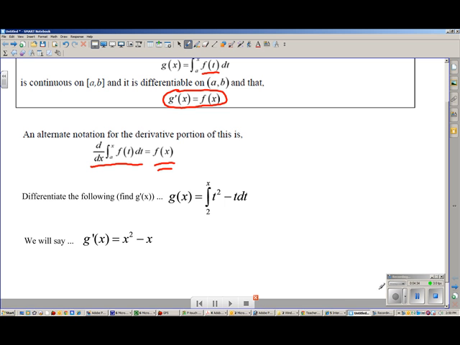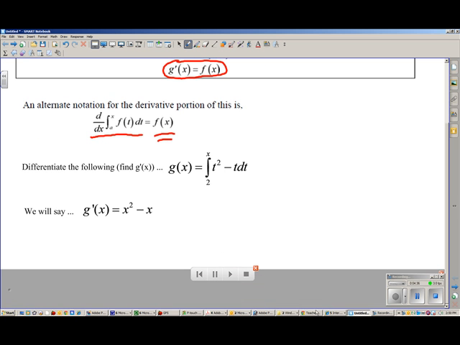So let's talk for a moment about how it is that this works by, in a sense, doing it longhand. What do I mean by that?